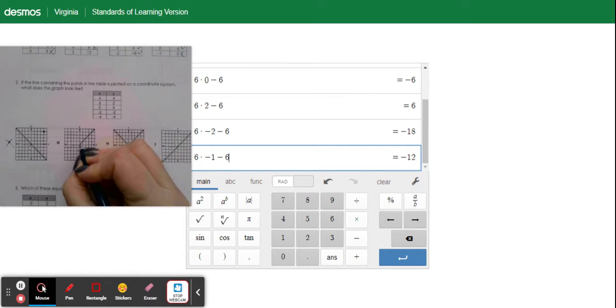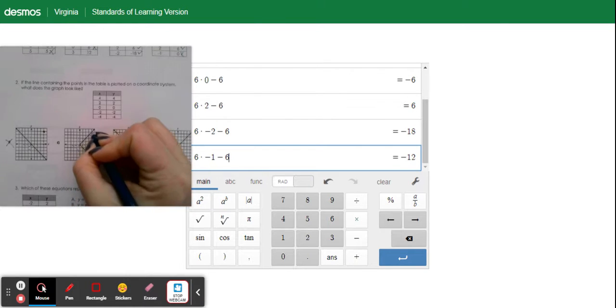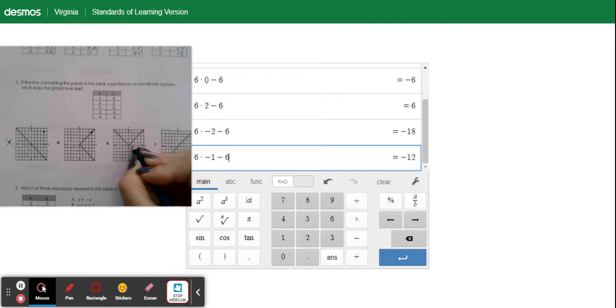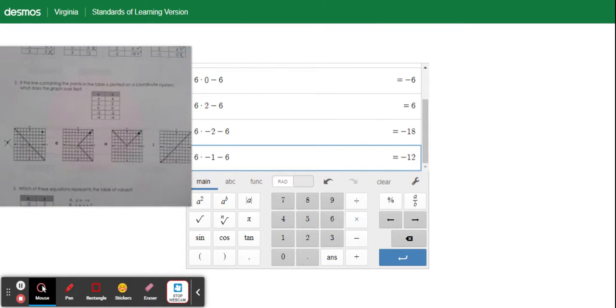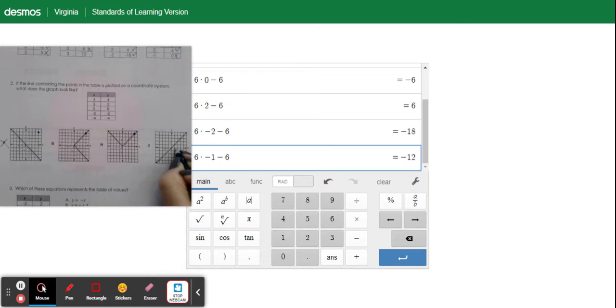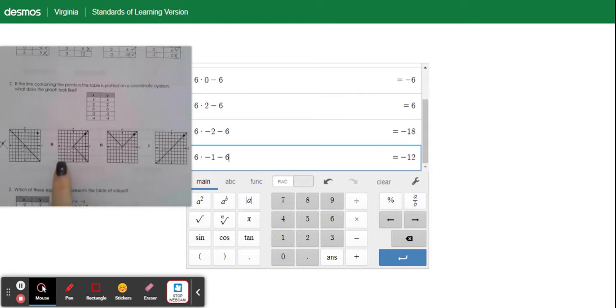So let's look at this one. This works. This one works. Okay, so I have now shown that G, H, and J work with the point 4, 4.